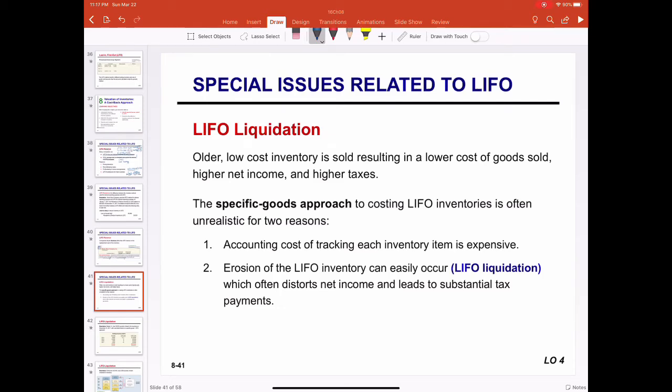In this part, I'm introducing LIFO liquidation. This is a term associated with LIFO reserve. Let's first think about the LIFO reserve. We know in general, the price or the cost of inventory keeps increasing.